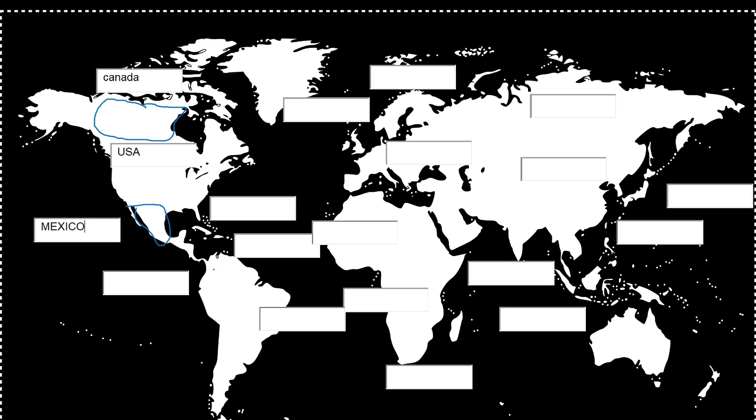The country which links North and South America, this area is called Colombia. Just beside Colombia, we have a country called Venezuela. And in the Caribbean Sea, we have an island called Cuba.